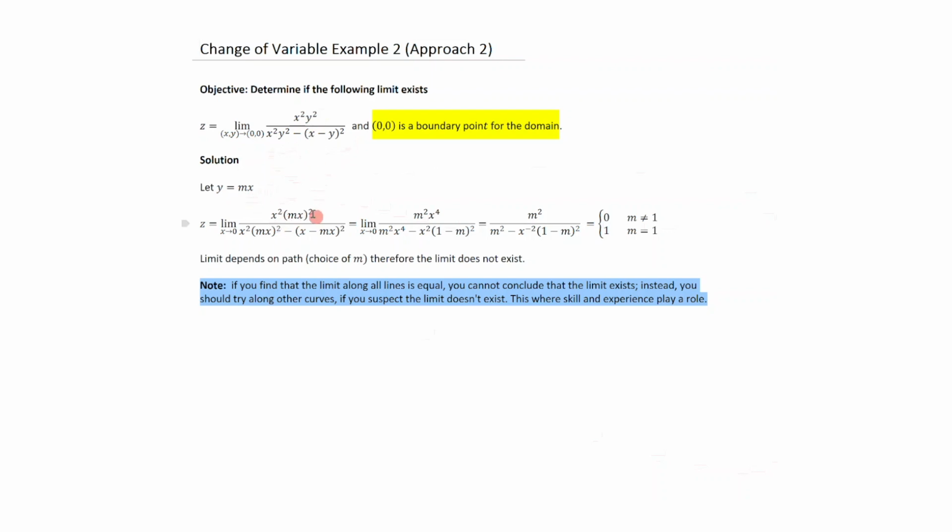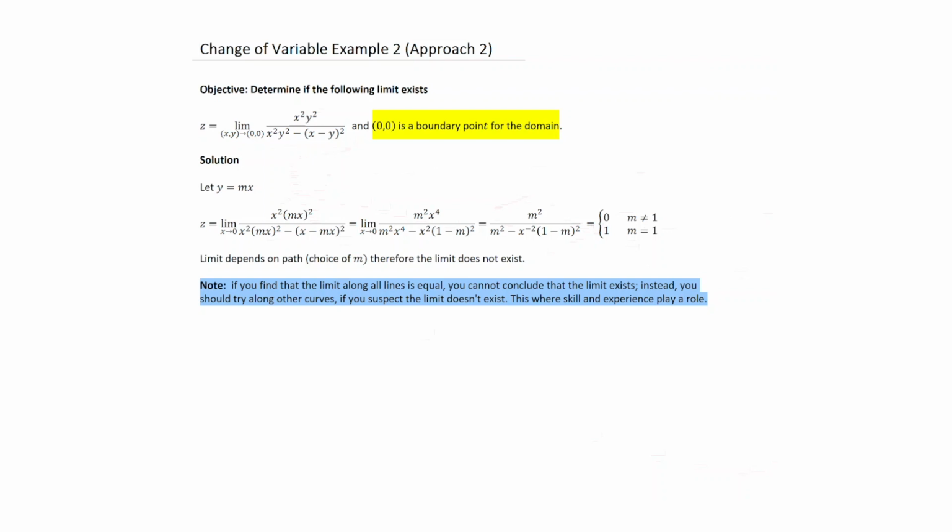So this becomes mx squared. The mx squared goes here, and the mx goes here. And then basically through simplification, we finally end up with this expression here. So what we're looking at is different values of m.